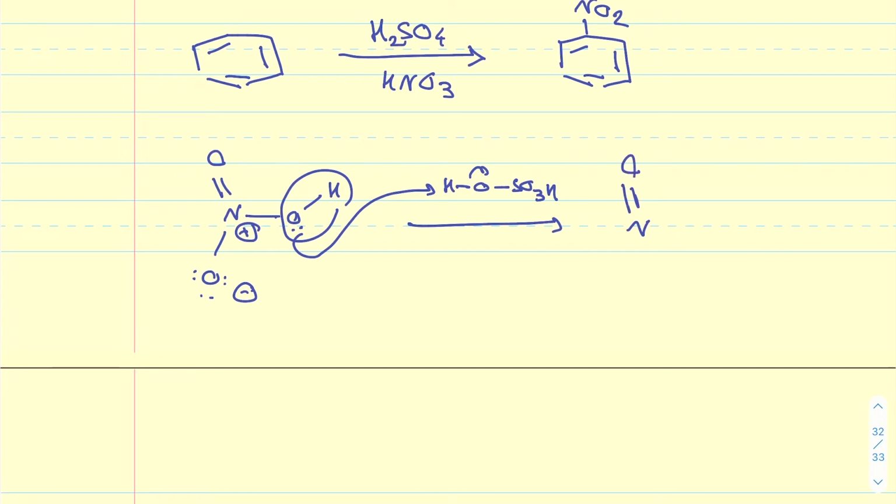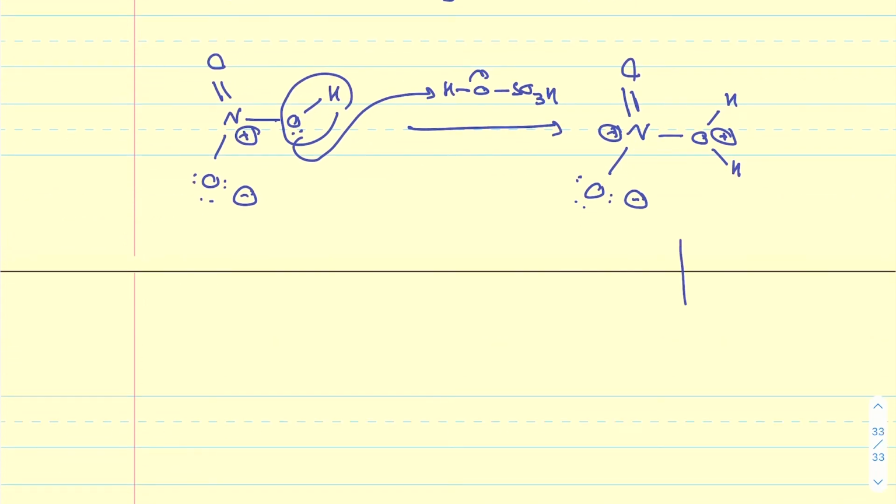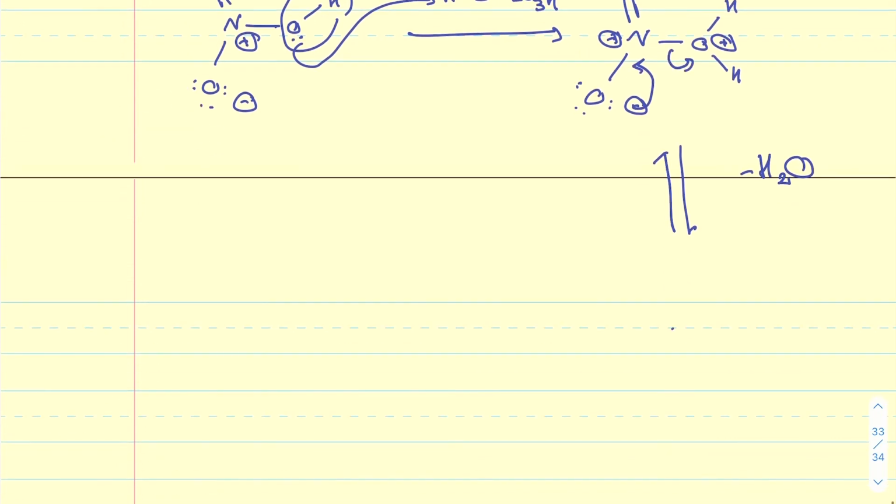So first step, you're going to create something that'll look like this, and then this is going to lose water through this oxygen, forming a double bond with the nitrogen, kicking water out to form NO2+.